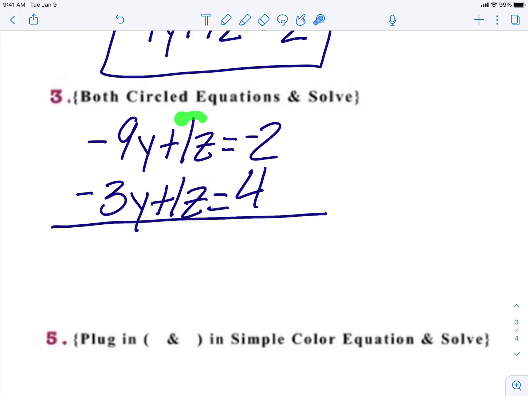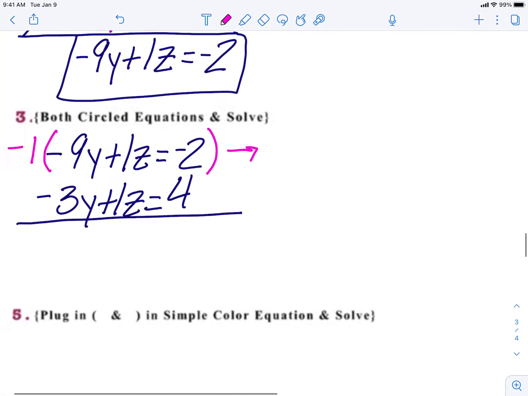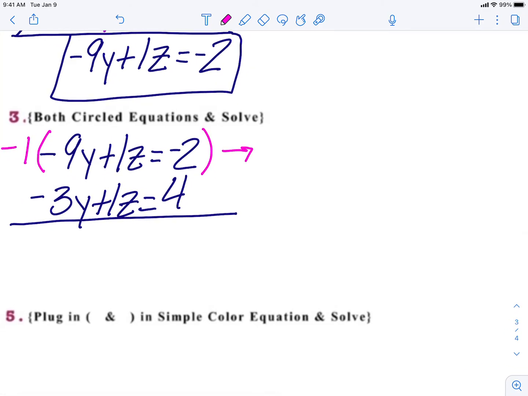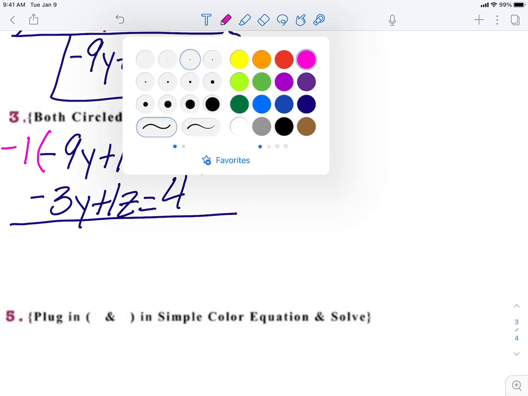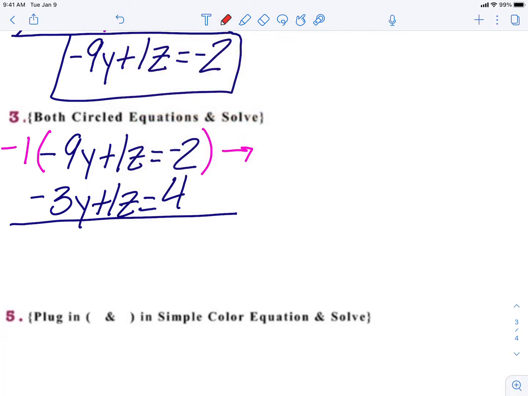So I'm going to make this 1z a negative, and I'm going to do that by multiplying the whole thing by negative 1. So when I multiply everything by negative 1, negative 1 times negative 9 is a positive 9y.